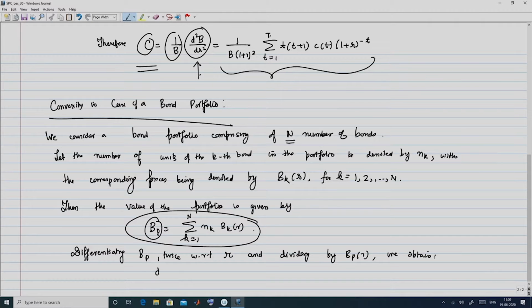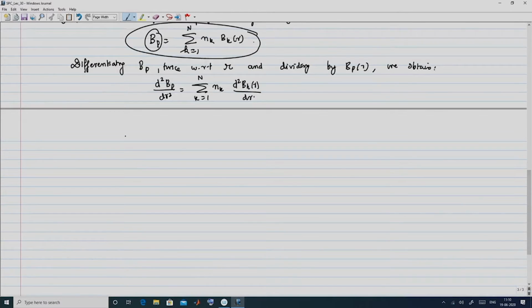We obtain that d squared B_p over dr squared is summation k equal to 1 to capital N, N_k d squared B_k(r) over dr squared. If I want the definition of convexity, I have to divide by B_p.